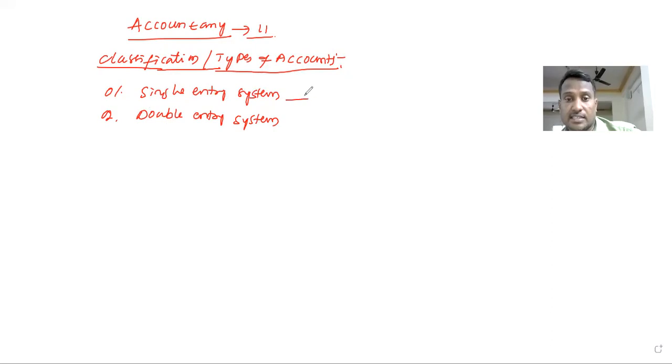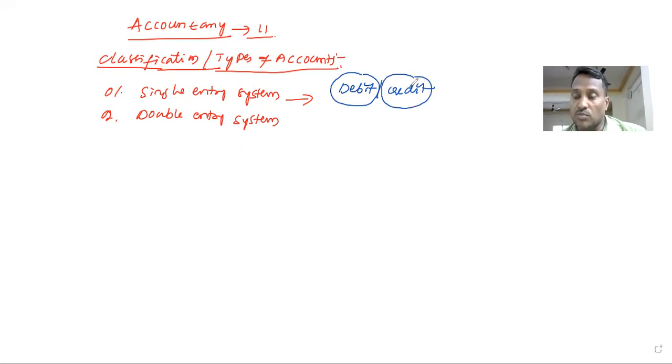Single entry system means the system which records only one aspect of the business transactions. In single entry, the accountancy books record either debit or credit, only one. If the accountant or businessman records only either the debit or credit aspect in the account books, he is following the single entry system.